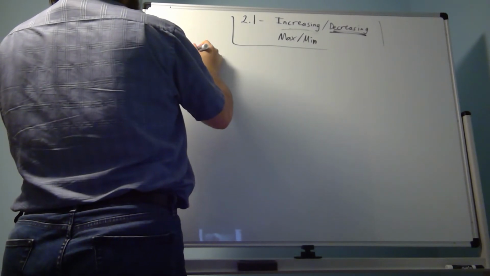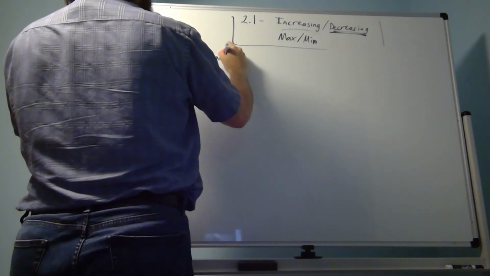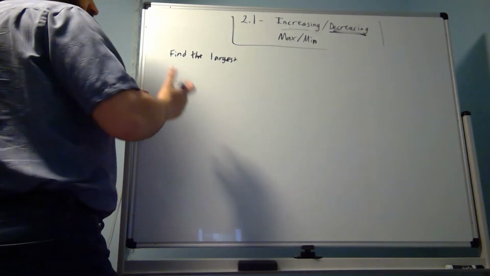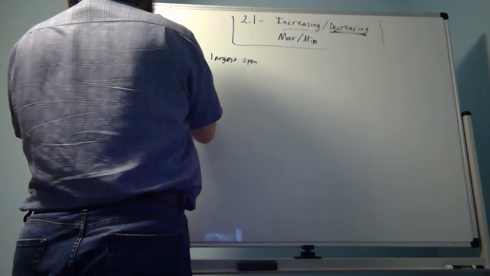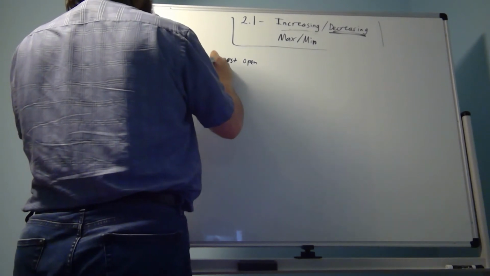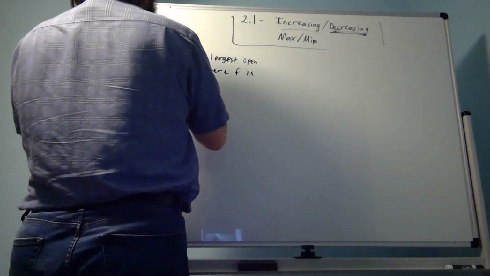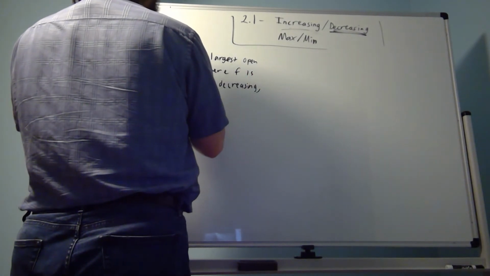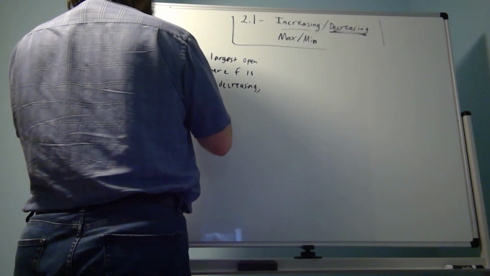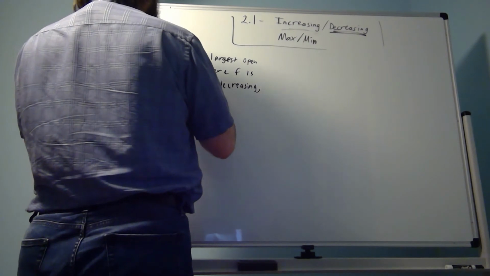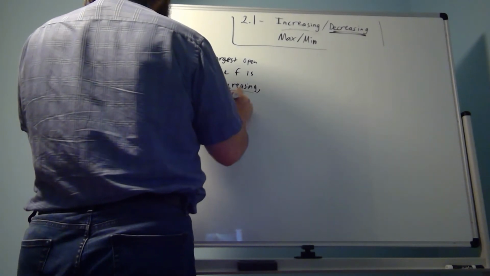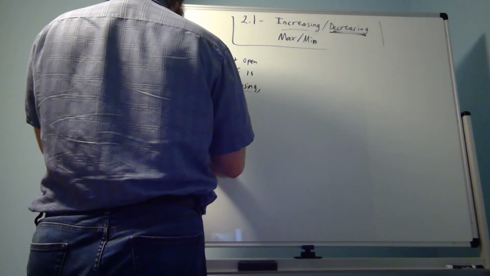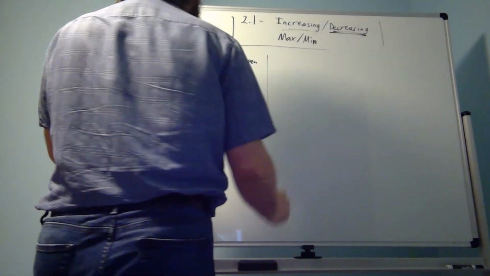The way I like to write these instructions so it's completely clear is I ask you to find the largest possible open intervals where f is increasing, decreasing, or constant, and constant means you get the same output every time in that interval. And I'll quite often just say max and min for maximum and minimum.